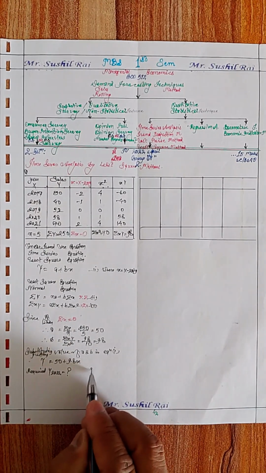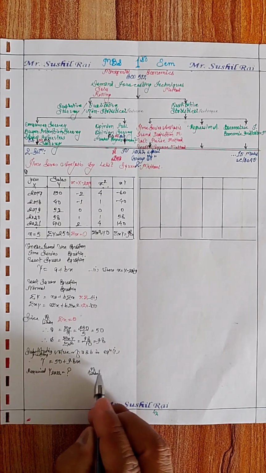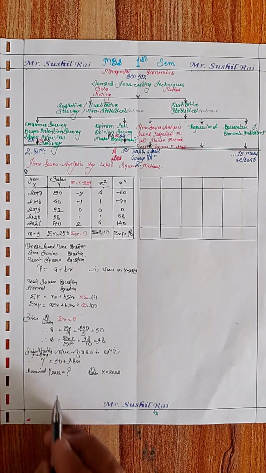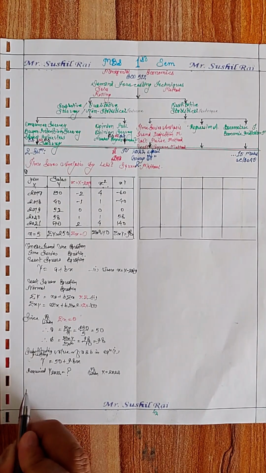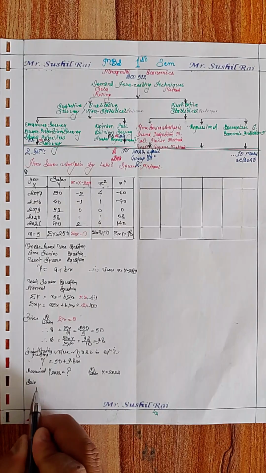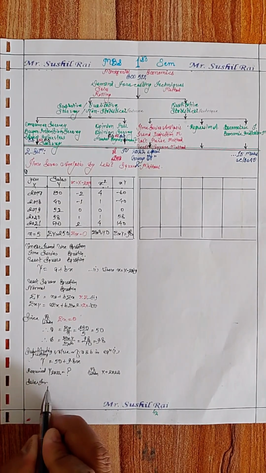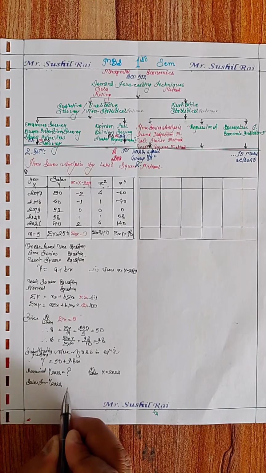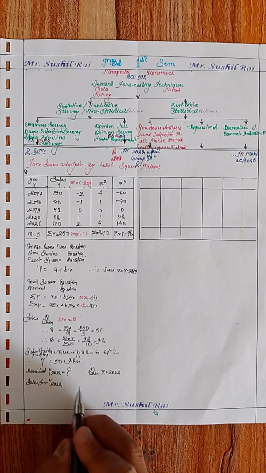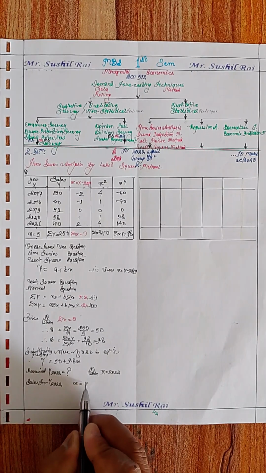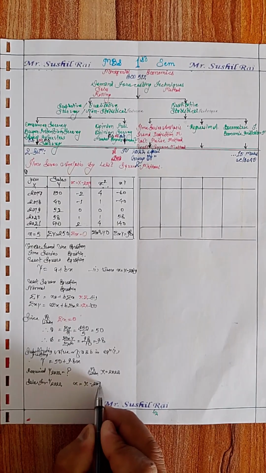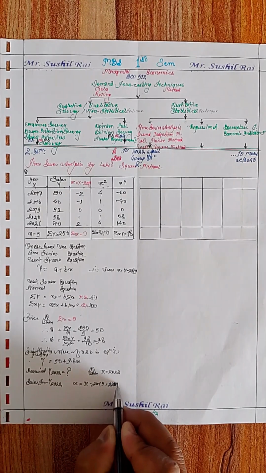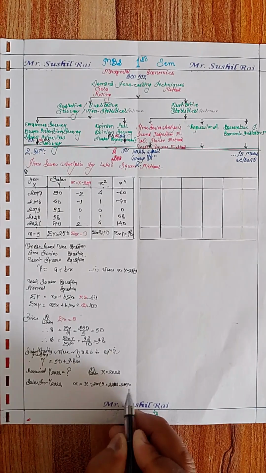When X is equal to 2022, sales for Y 2022, x is equal to X minus 2019, 2022 minus 2019 is equal to 3.